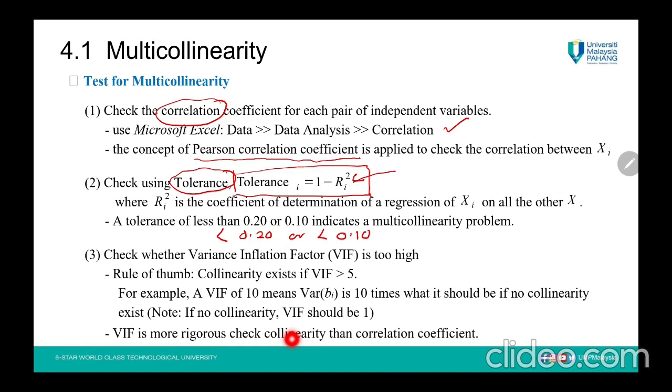The third test is by checking variance inflation factor, VIF. The rule of thumb to use VIF is if VIF greater than 5, the collinearity exists. If no collinearity, means that the value of VIF should be around 1.